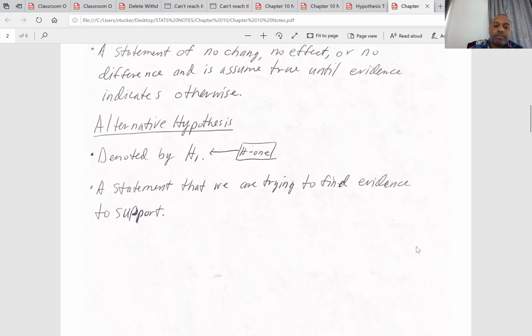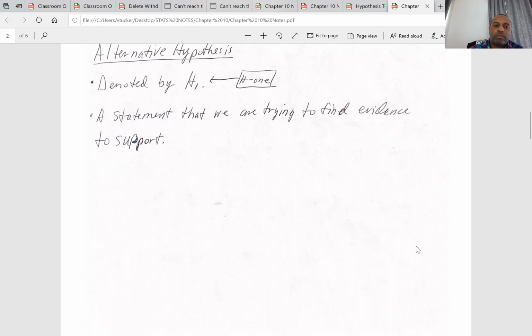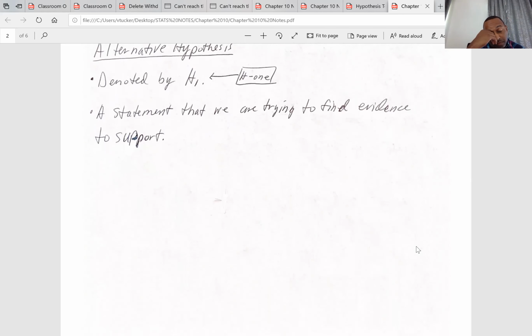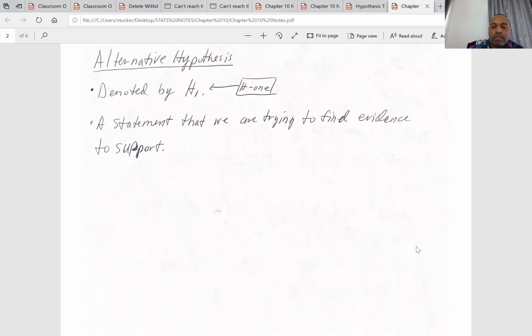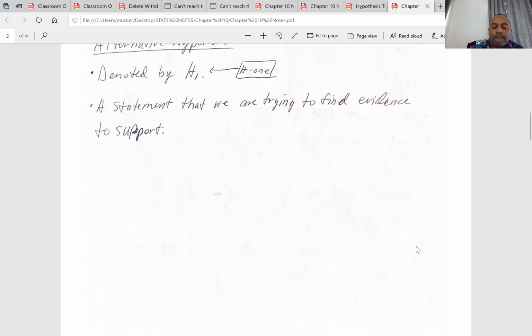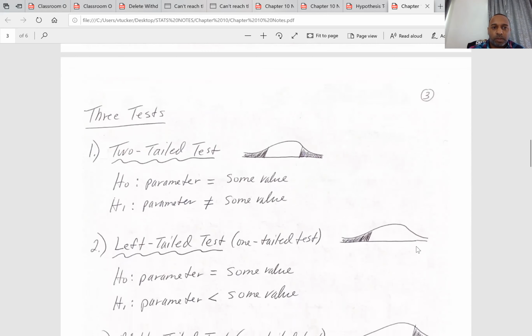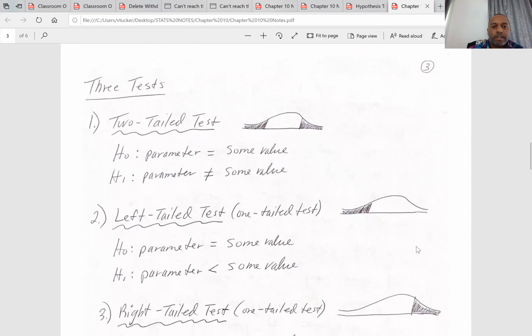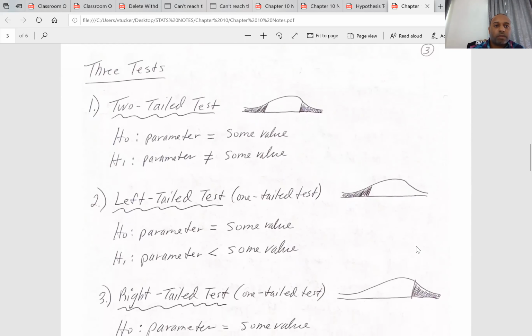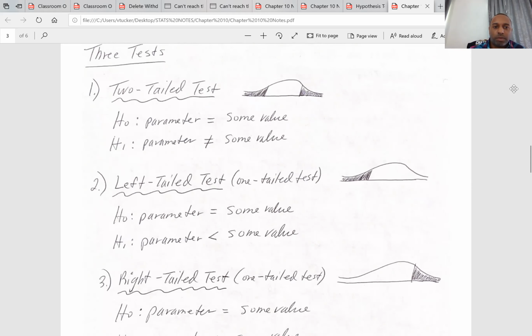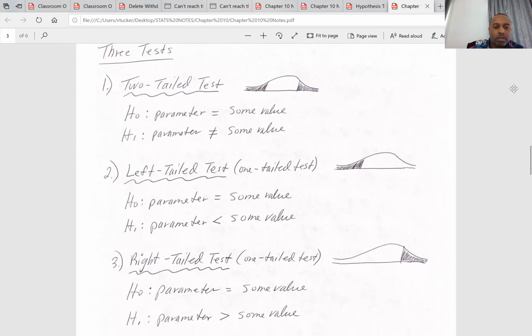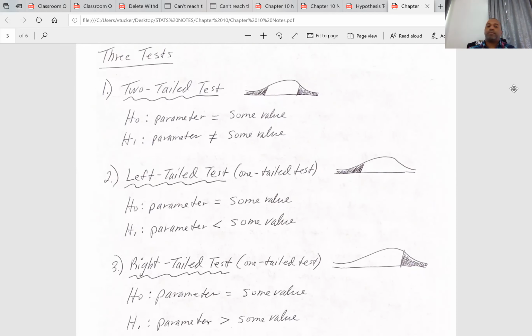Going down with alternative hypothesis. All right. So there are going to be 3 tests that we'll be able to perform. So our two-tailed test.